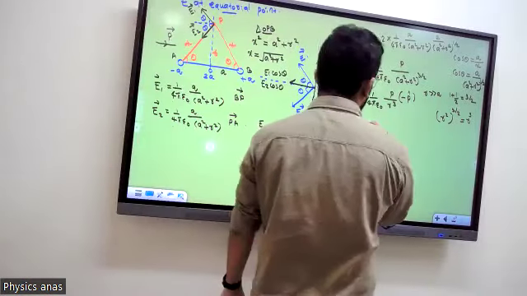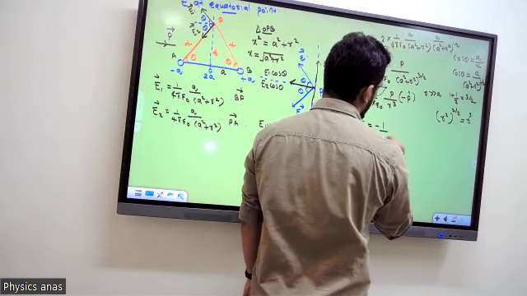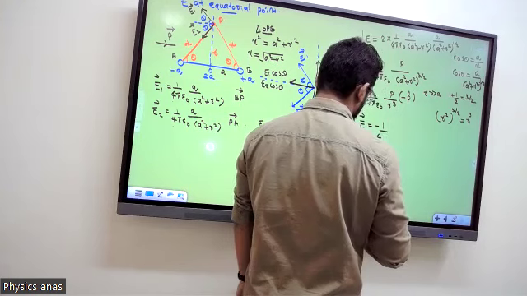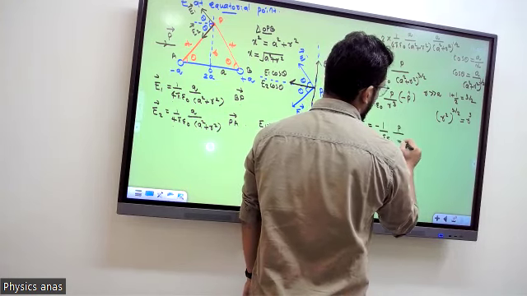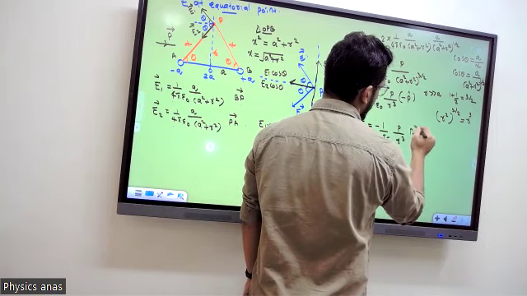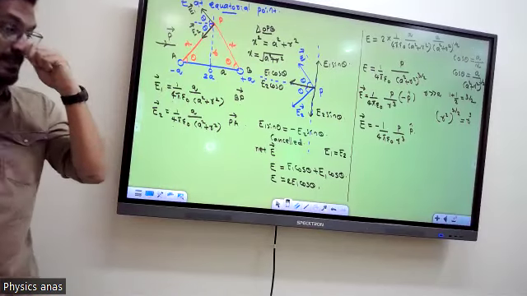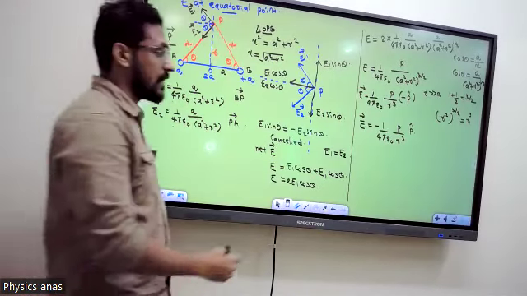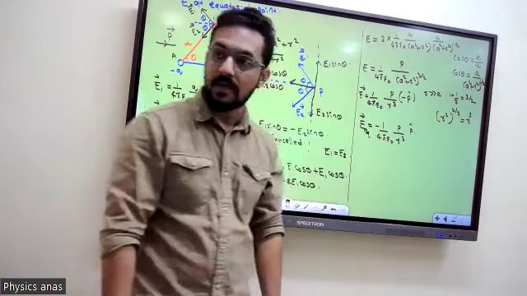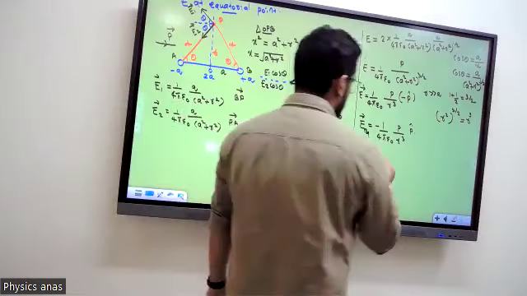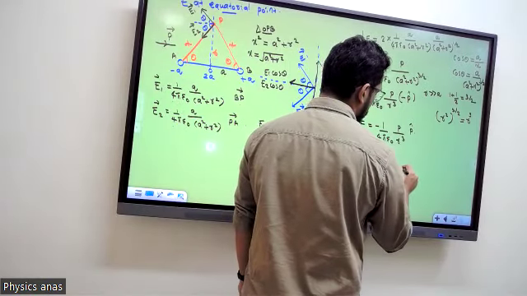So the vector E, net electric field, will be minus 1 by 4 pi epsilon naught P divided by R cube P cap. This is our net electric field, and you can take it as the equatorial electric field, E equatorial. What is the relation between axial electric field and equatorial electric field?